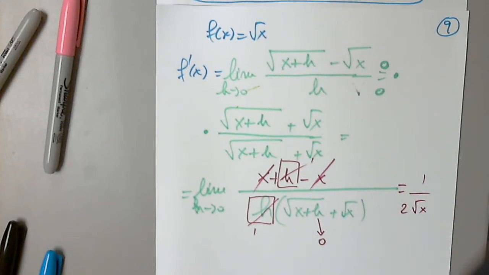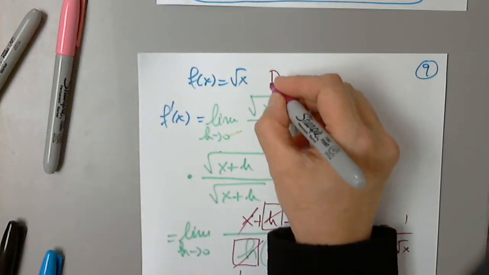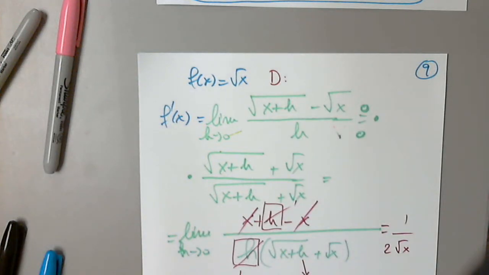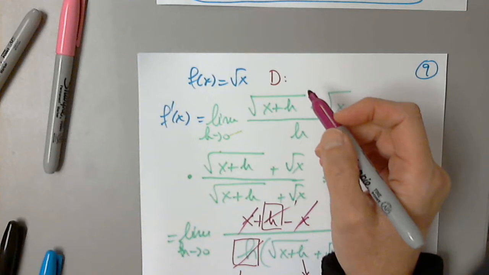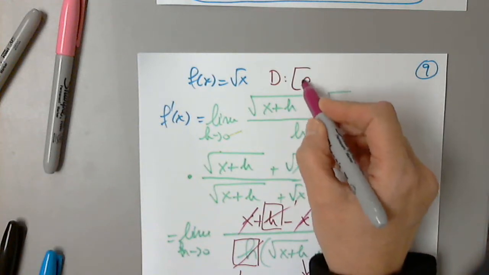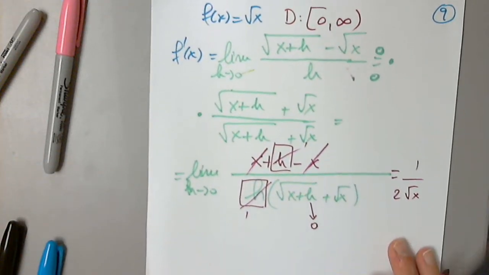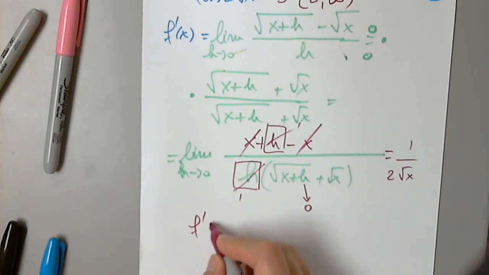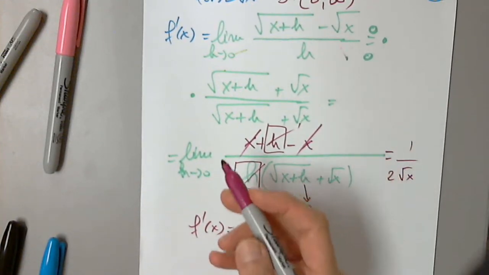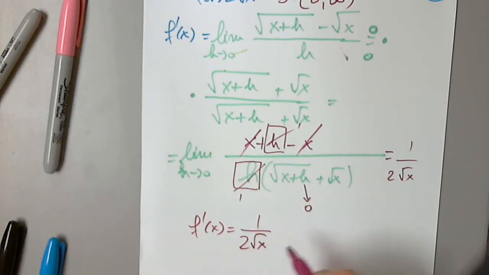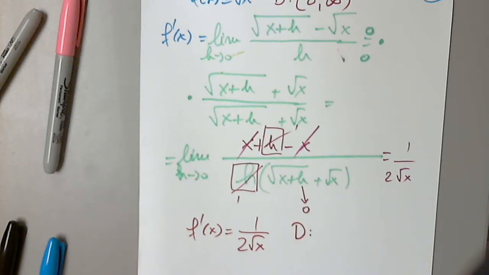Good. Coming back, can anyone give us a domain of this function? Awesome, thank you. Can anyone now, so this is the first derivative of the square root of x, determine for us the domain of the derivative?